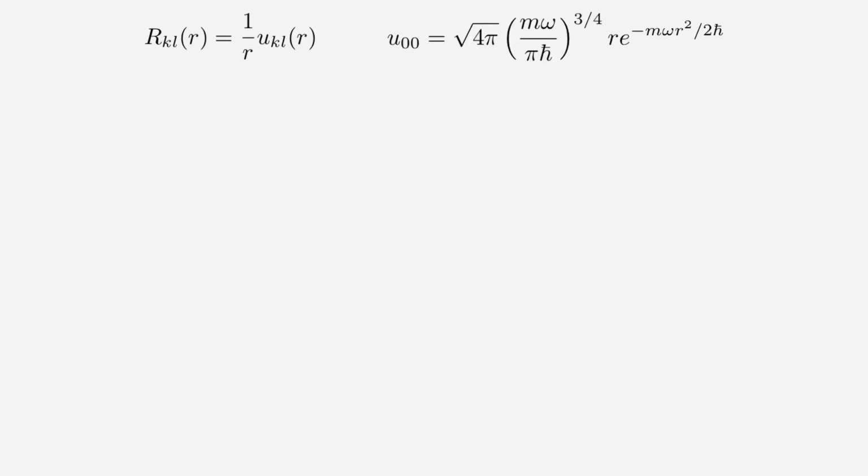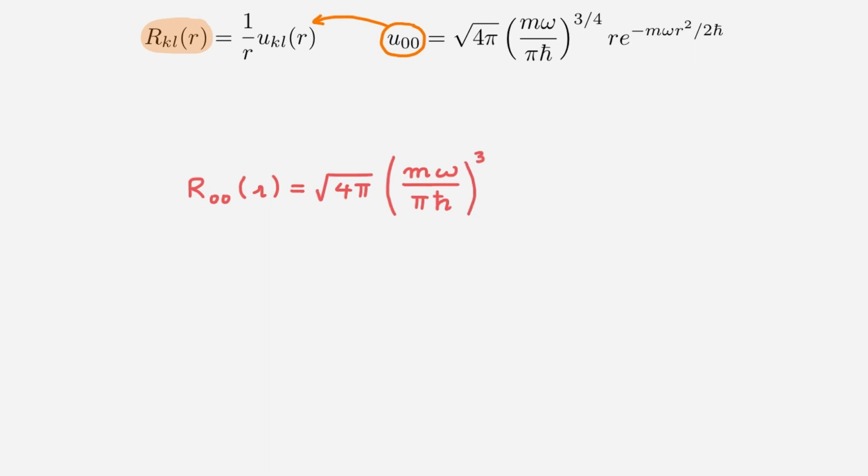And we're almost there. The next step is to go to the original radial function, which is equal to 1 over r times u. And using the expression for u that we just derived and inserting it in here, we can write the radial function R00 and end up with this prefactor times this Gaussian.